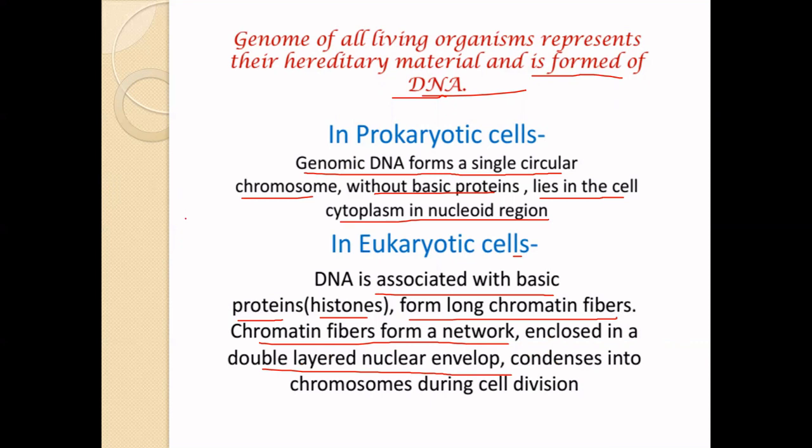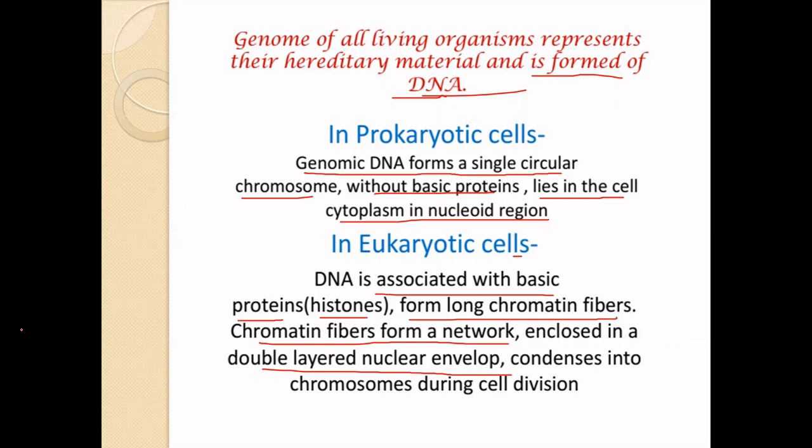So a eukaryotic cell actually has a true nucleus, which is composed of parts including nuclear membrane, nuclear material, and nucleolus. These are the basic parts of a true nucleus.